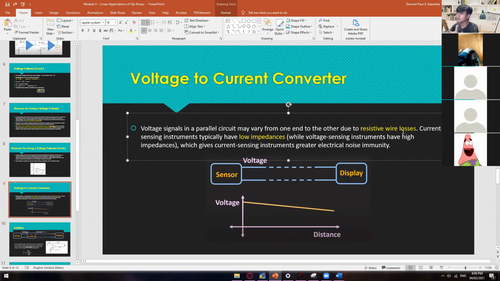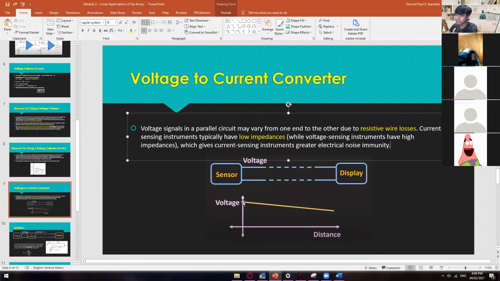Wherein, if we have a current source, this one has a greater electrical noise immunity, meaning there's a lesser chance that the current itself will slowly degenerate.